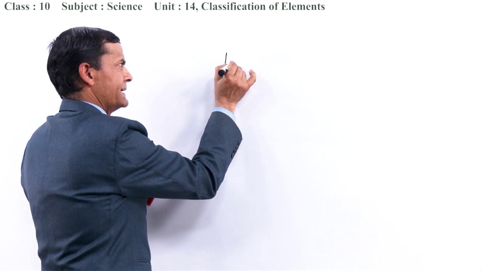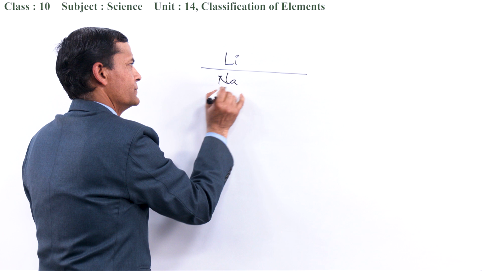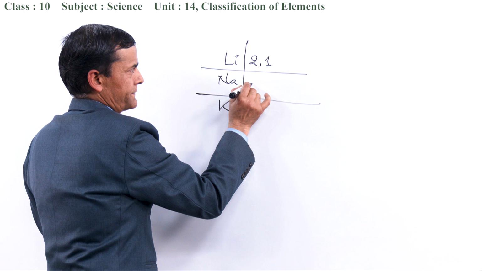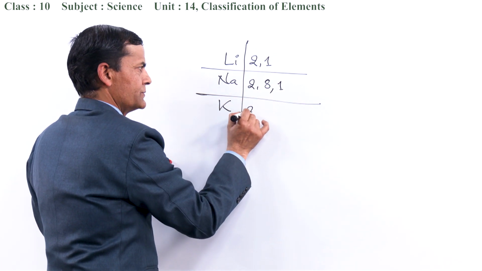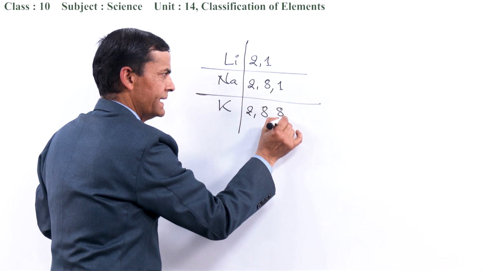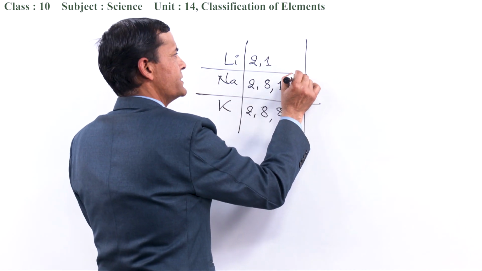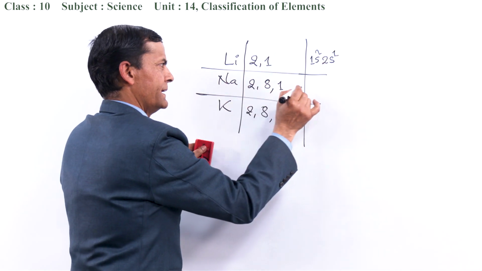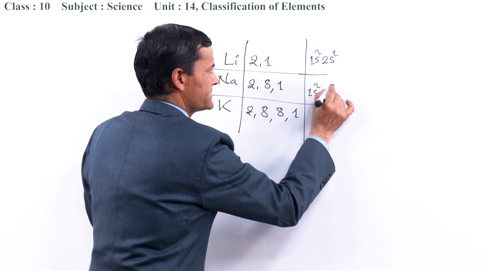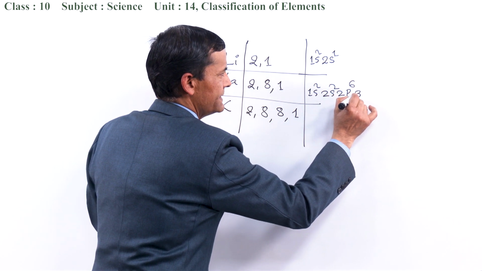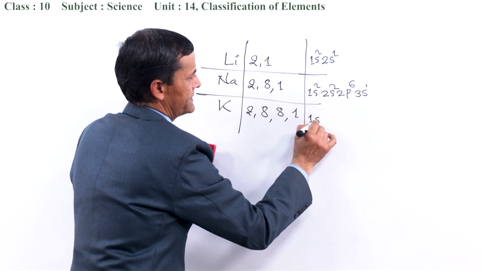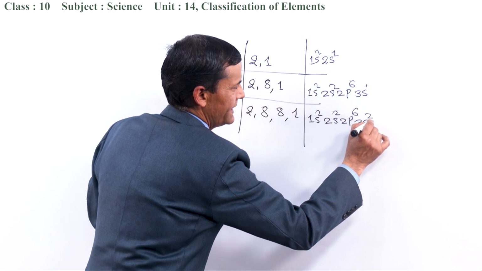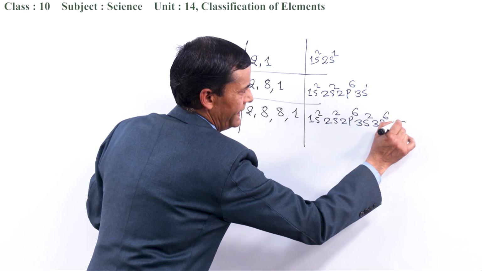Remember, suppose lithium, sodium, potassium, isn't it? 2, 1; 2, 8, 1; 2, 8, 8, 1. Let's check their electronic configuration. 1s2, 2s1; 1s2, 2s2, 2p6, 3s1; 1s2, 2s2, 2p6, 3s2, 3p6, 4s1.